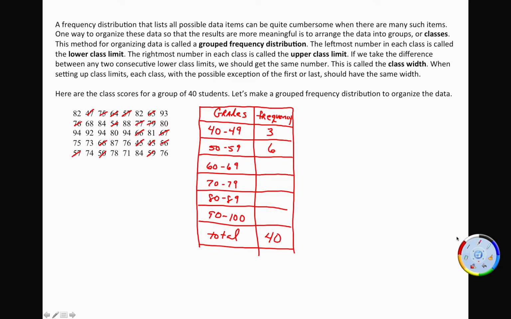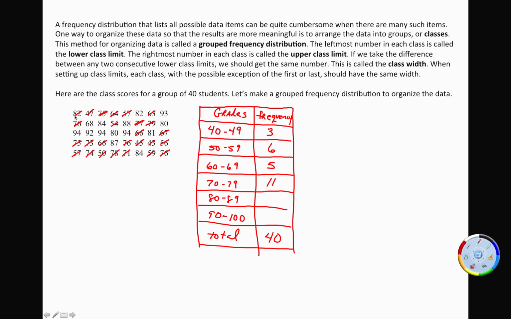So really find some way to organize your data. I'm going to go back with 70s. 1, 2, 3, 4, 5, 6, 7, 8, 9, 10, 11.